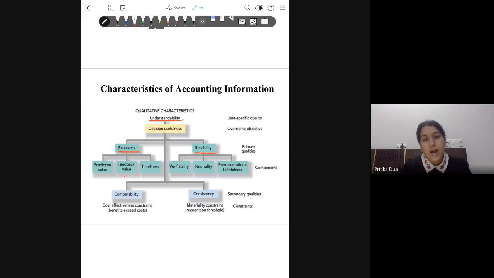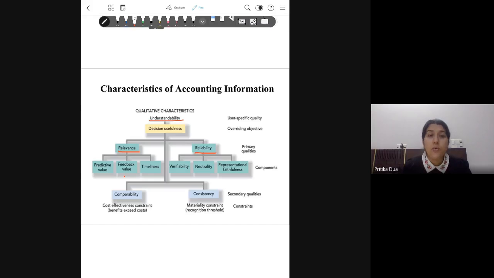Okay, so in the year 2020-21, if the business shows me the financial statements of 2015-16, then that is not useful for me for making decision. I would want to have a track of the latest accounting information. Only then that will help in decision making.